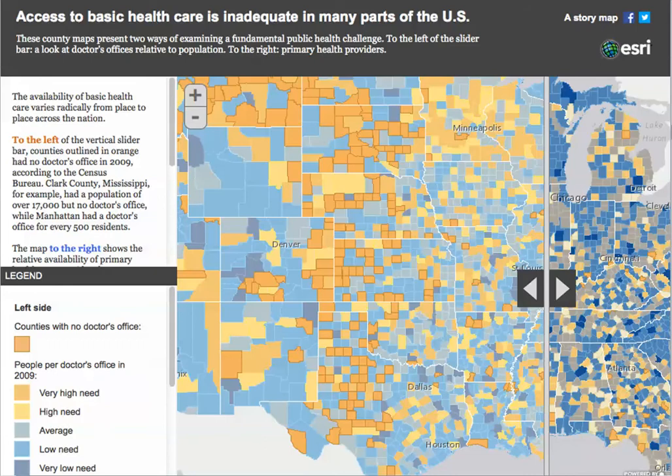Now, one of the major ways that GIS is being used in a very effective manner is in public health. This map is showing access to health care and inadequacies. You're going to see that the health industry has been using GIS for quite a while to help do analysis like this, but also help manage health resources all across the landscape.